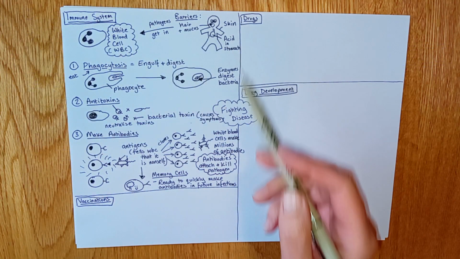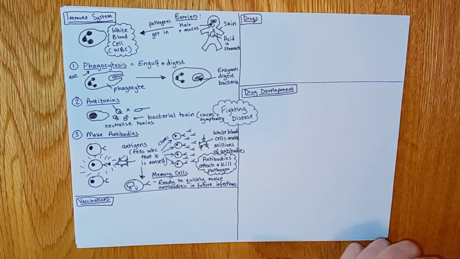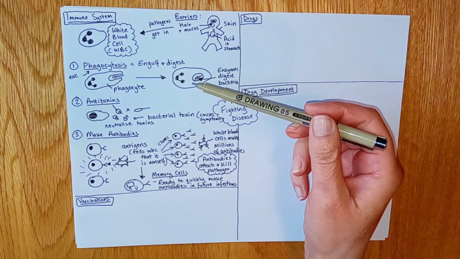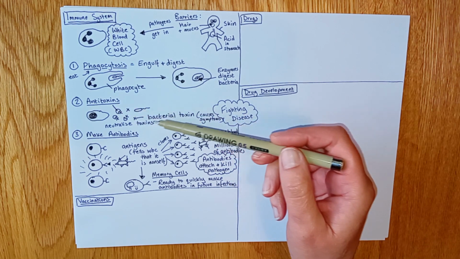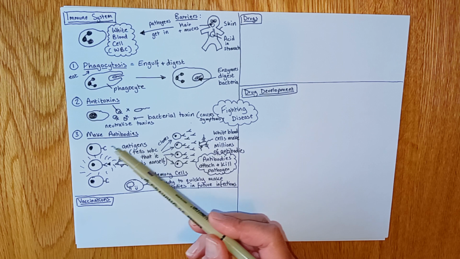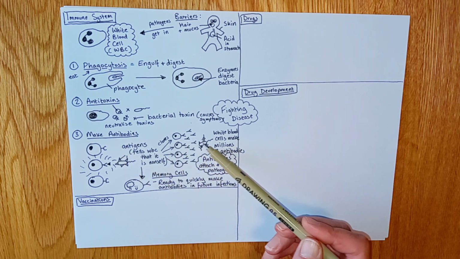So the immune system then is based on white blood cells in the blood, engulfing and digesting pathogens, releasing antitoxins to neutralize toxins or poisons, and importantly, make antibodies. And those antibodies stick to and kill the pathogen.